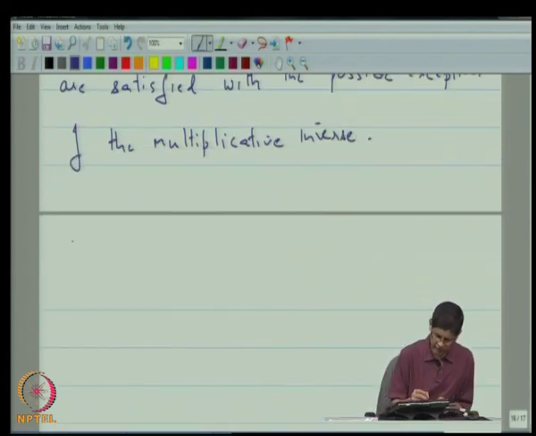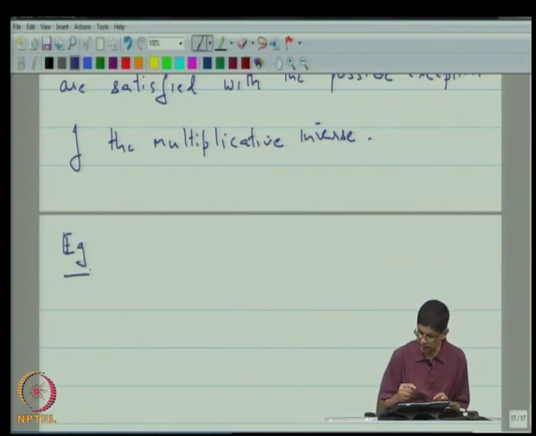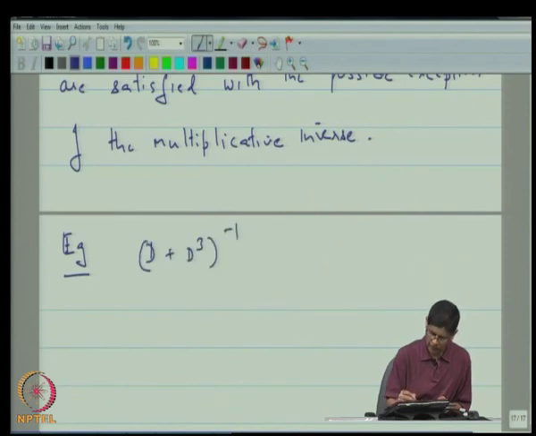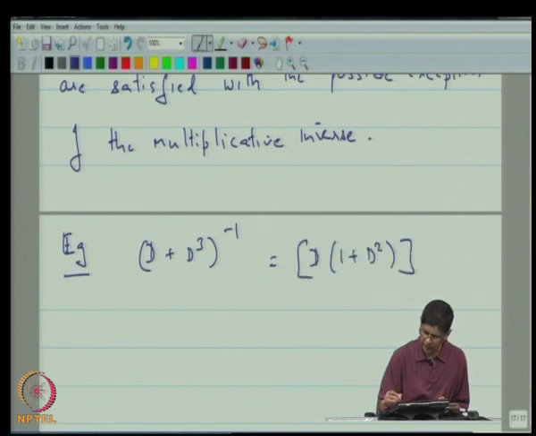We will do this by example. Supposing you were to ask me what is (D plus D cubed) inverse. You will write this as D into (1 plus D squared) inverse.